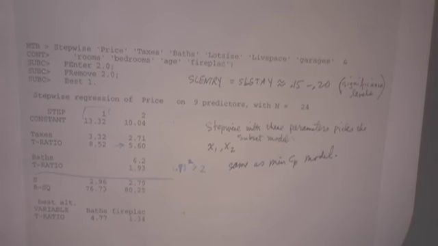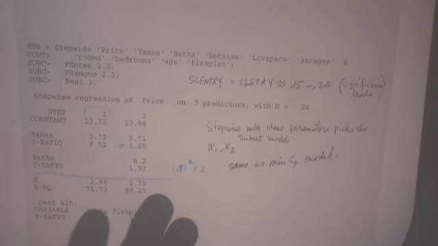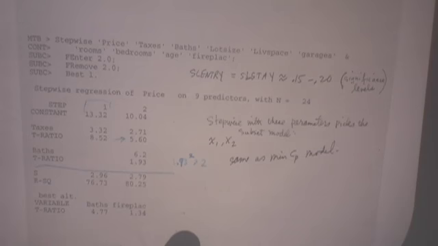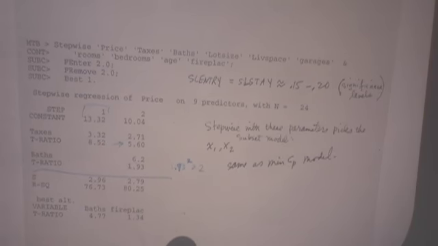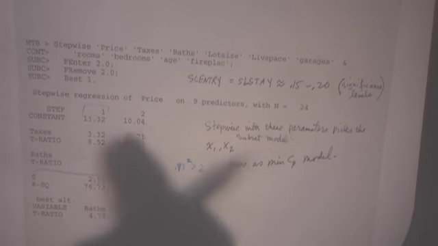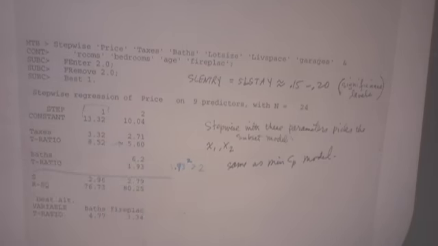So then I could see if I could enter something else in step 3. Well, obviously, since there is no step 3 shown here, there was nothing else that had a T ratio bigger than 1.14, after I tried all possible 3 variable models that consisted already of taxes and baths as 2 of the variables.